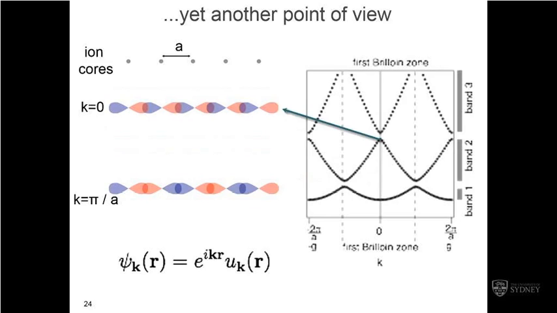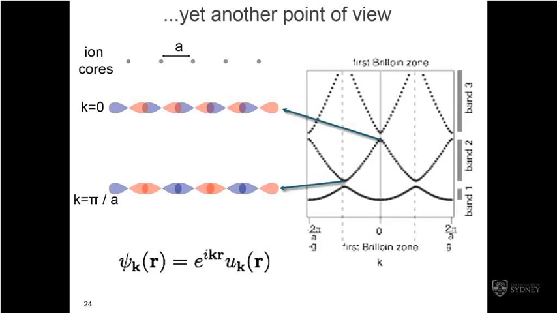Now, remember, we talked about wave functions here and wave functions here. At this point here, remember it predicted a high probability of electron density in between the ion cores, not on the ion cores. You can think of that as being like a p wave.